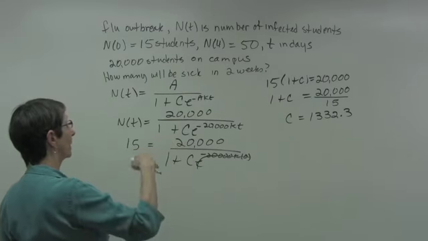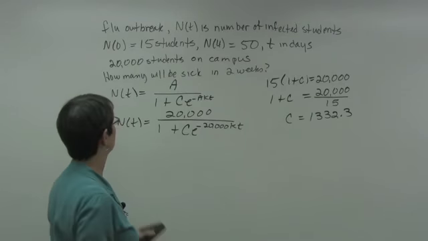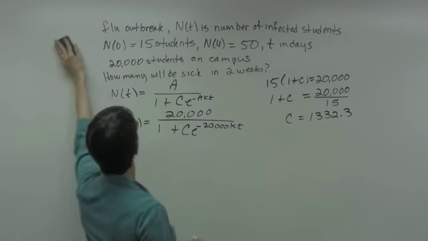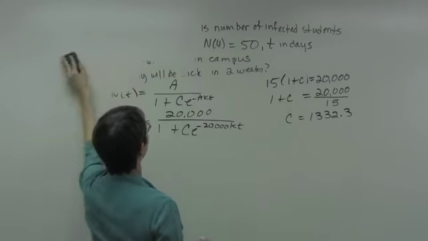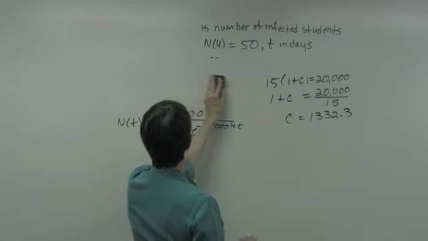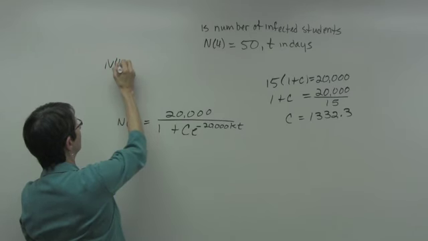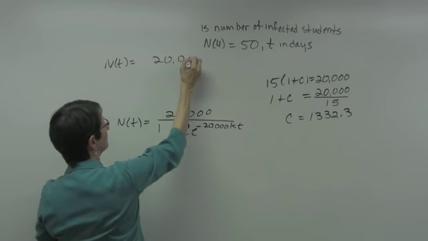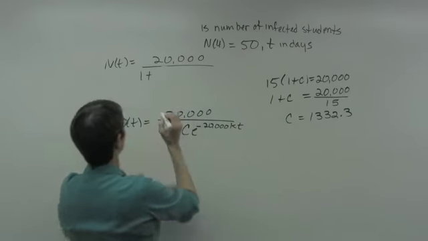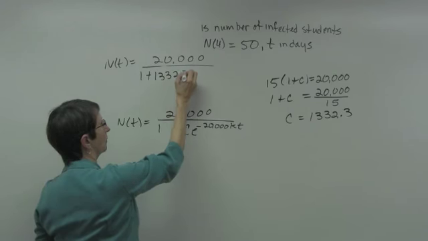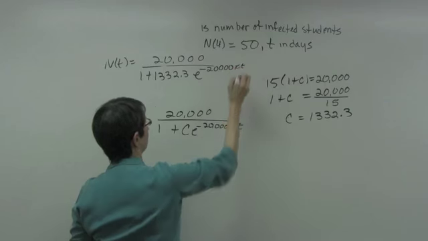So I can go back up to where I had my formula and put in my C value. Let's back this up a little bit more. I want to leave that one condition in there that I haven't used yet. So my N is now 20,000 over 1 plus 1332.3 e to the negative 20,000 times KT.